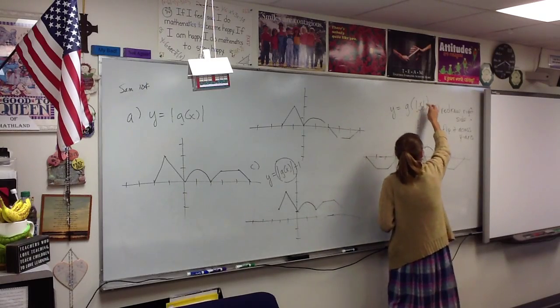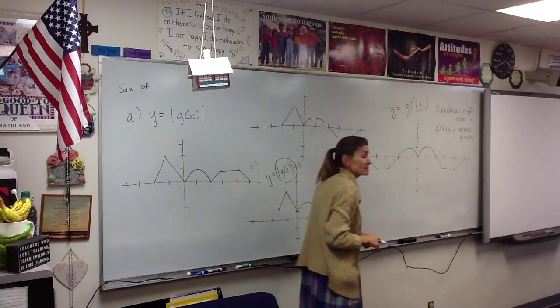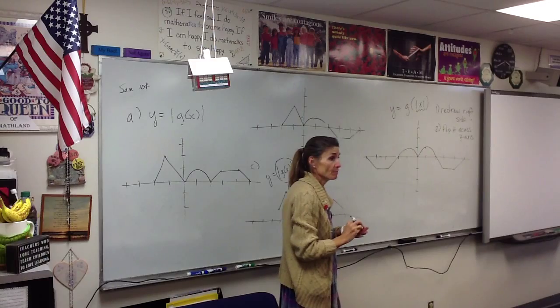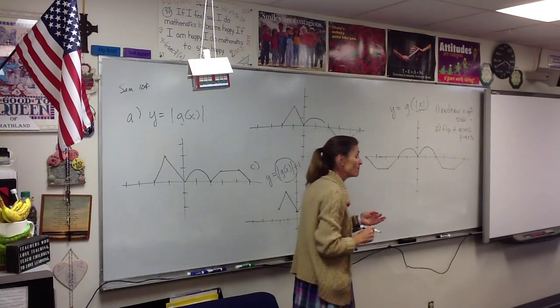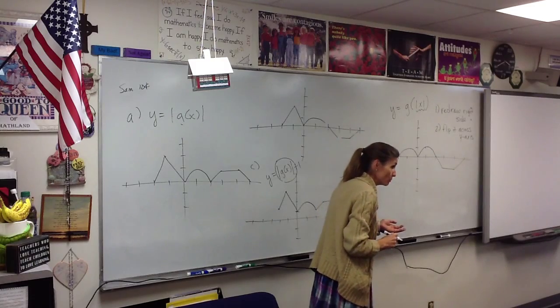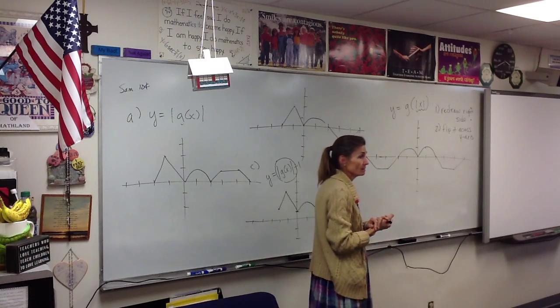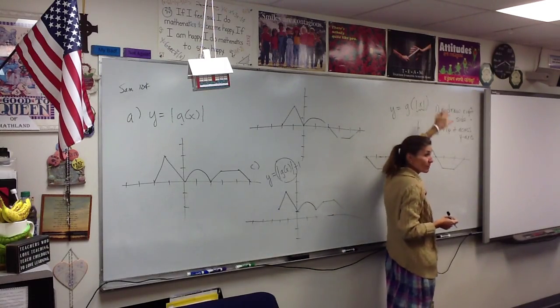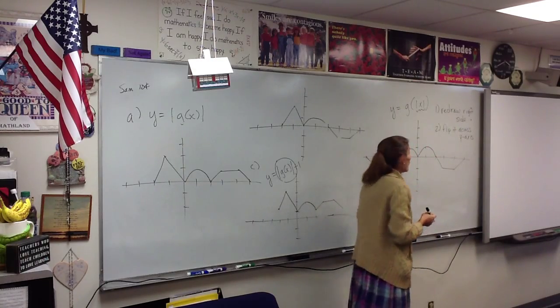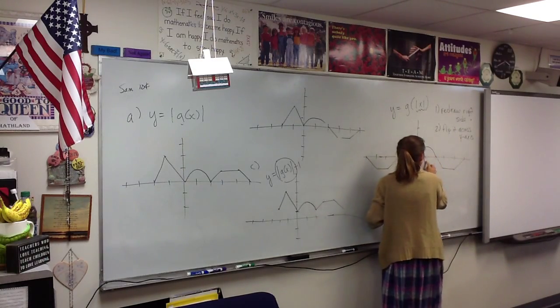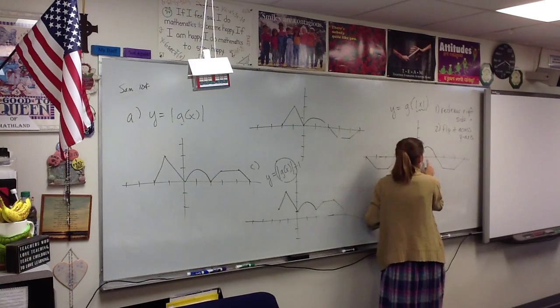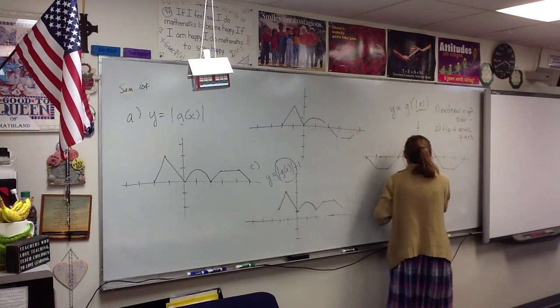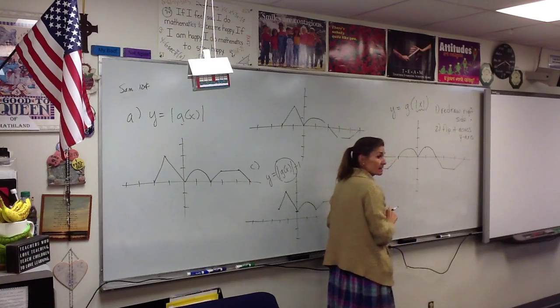In this case, we are only taking the absolute value of x. So if I put in a 2, or if I put in a -2, it doesn't make any difference, because I'm taking the absolute value of it, right? So whatever happens when I put in 1 is going to happen when I put in -1. Whatever happens when I put in 3 is going to happen when I put in -3.